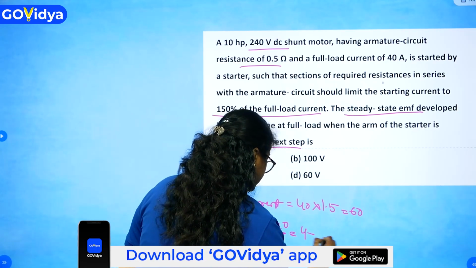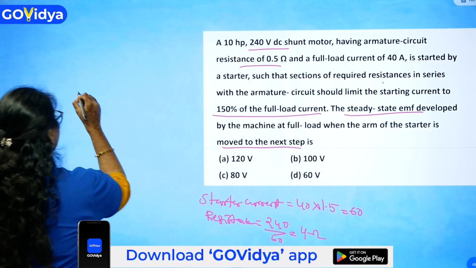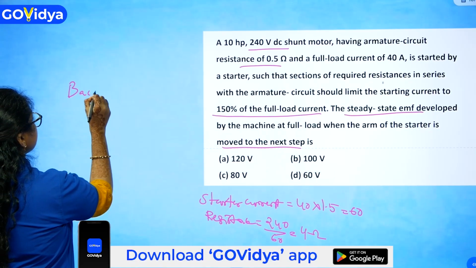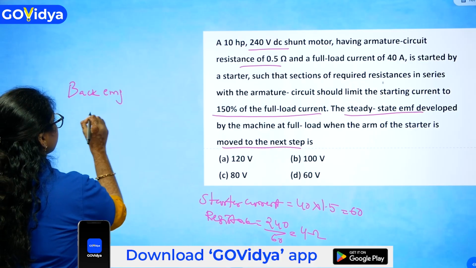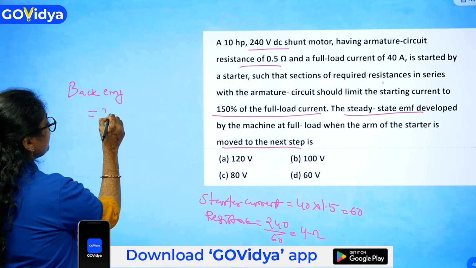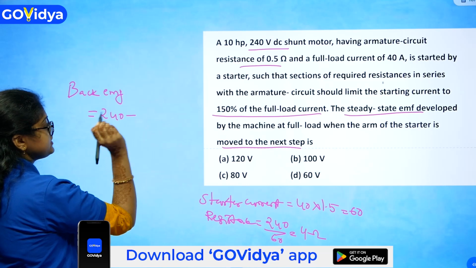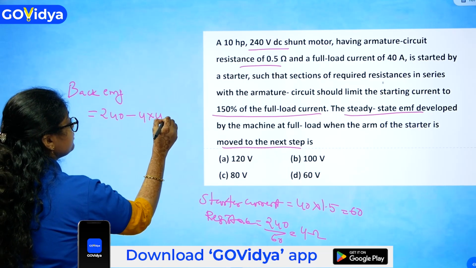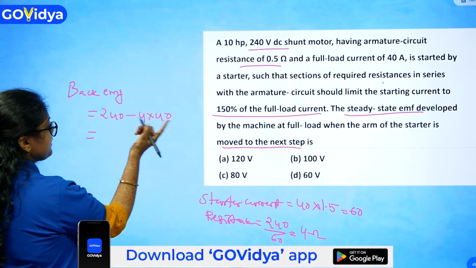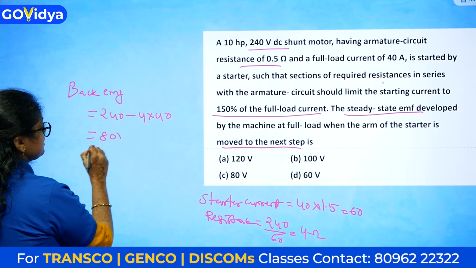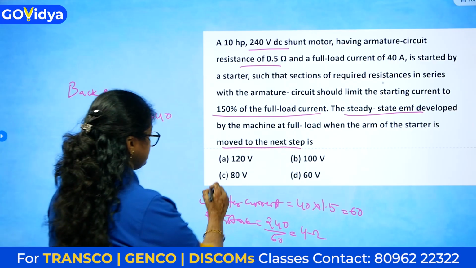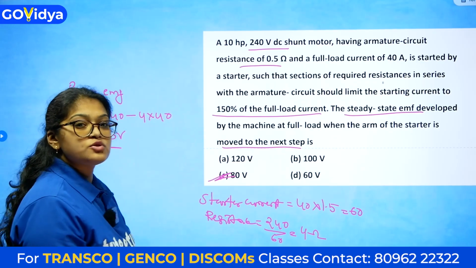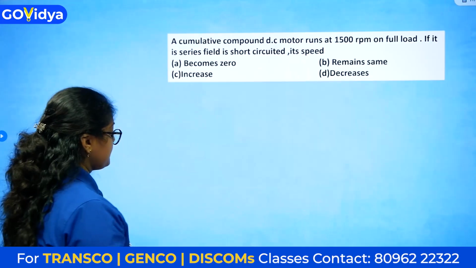Now the back EMF, the steady state EMF, is equal to 240 minus 40 into 4, since it is a motor and not a generator. That is 240 minus 160, which is 80 volts. So option C matches. Let's move to the next question.